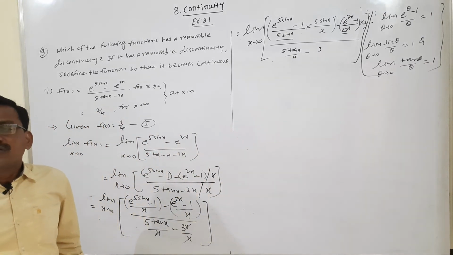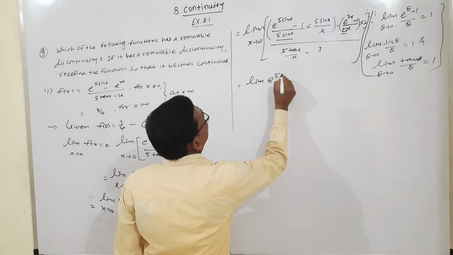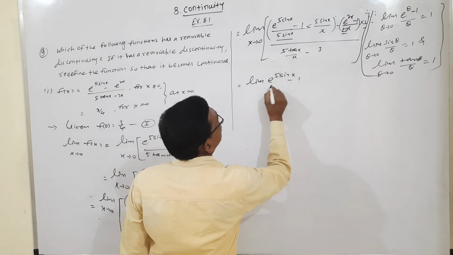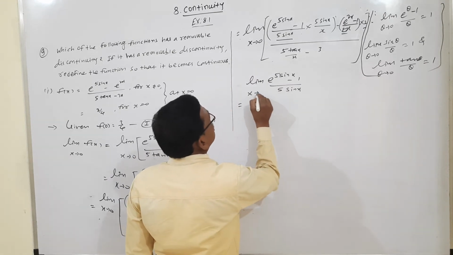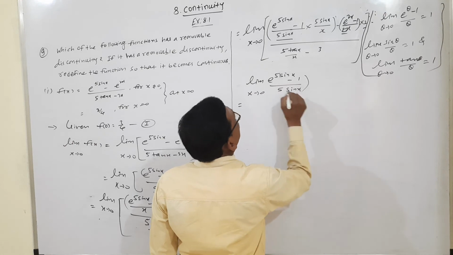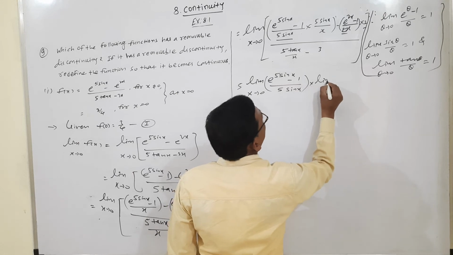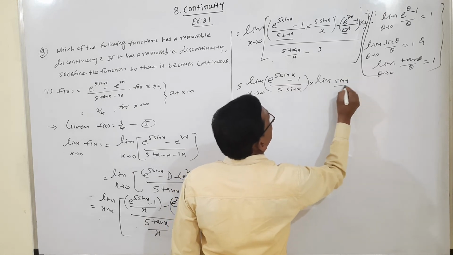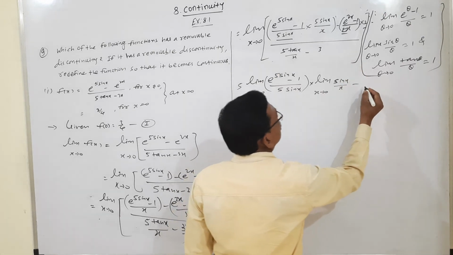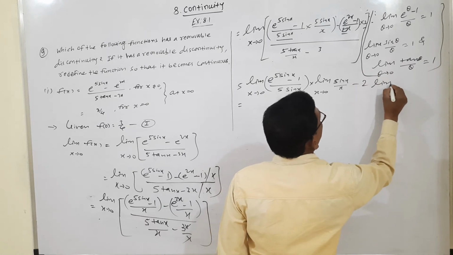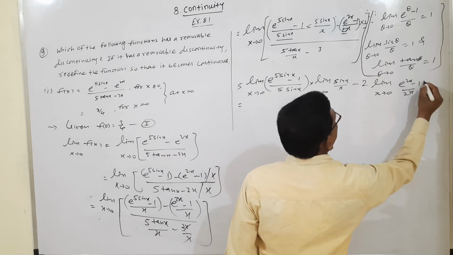Now we apply limit to each and every term separately. Limit of e raised to 5 sin x minus 1 divided by 5 sin x as x tends to 0, into, take this 5 constant before the limit, so into limit of sin x divided by x as x tends to 0, minus this second term 2 into limit as x tends to 0 of e raised to 2x minus 1 upon 2x here.